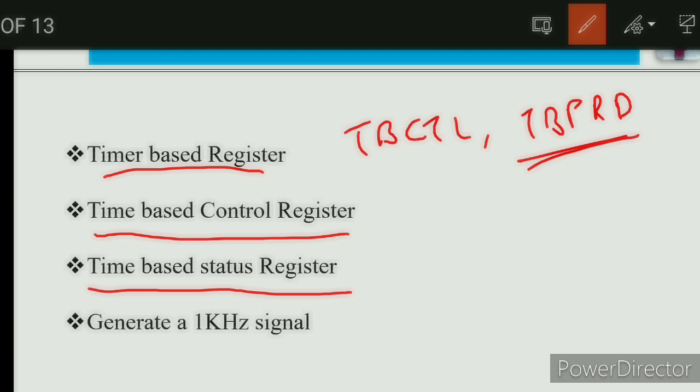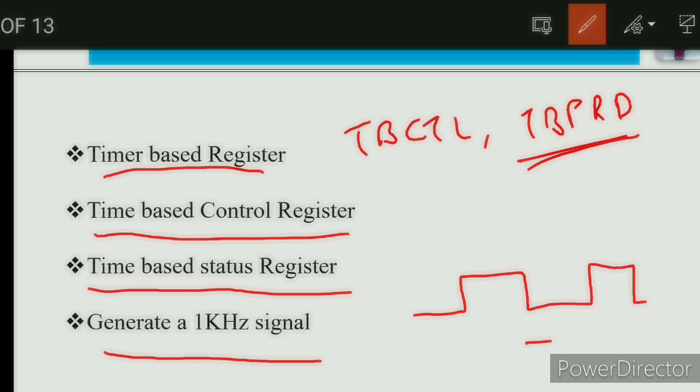At the last, we will generate a PWM pulse of 1 kilohertz frequency with 50% duty ratio, and we will talk about all of this in detail.